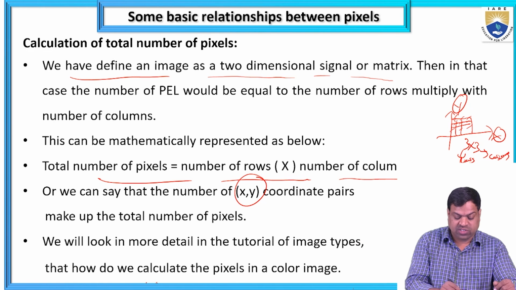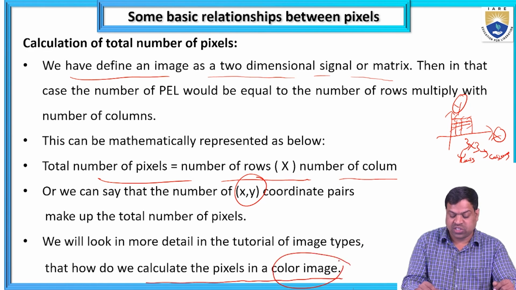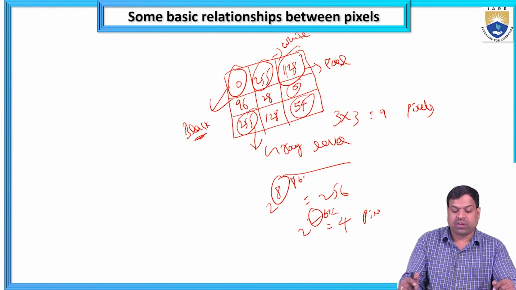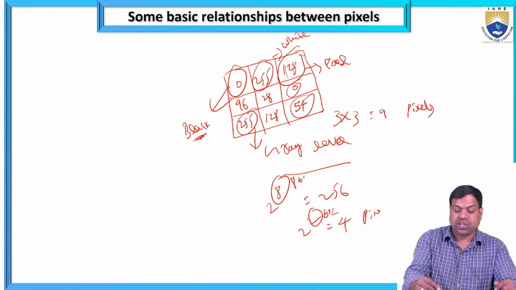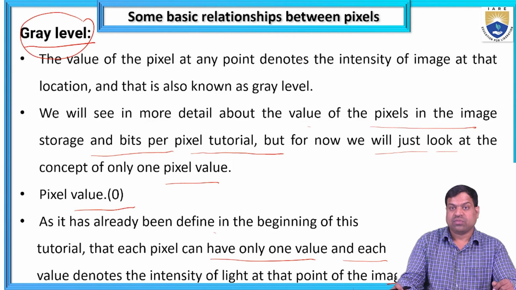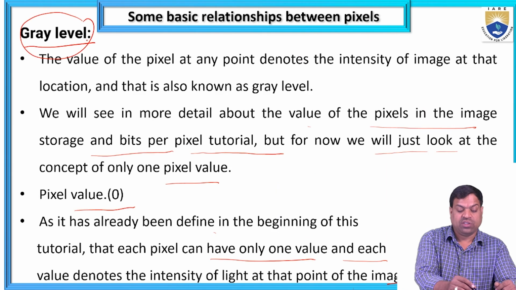Calculating the pixels in a color image. First I am taking a gray level. Already we know that the image values are gray values. What is the gray value here? 128. It is called gray level.